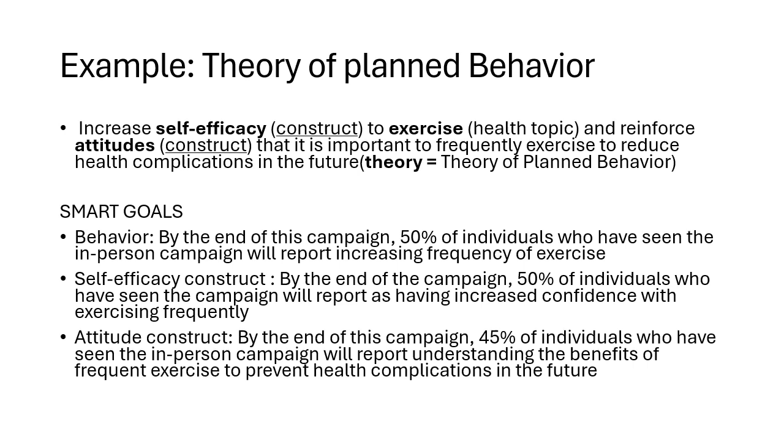So the behavior SMART goal is actually measuring how many of the individuals that have seen the campaign report increasing their frequency of exercise. That is their behavior. The self-efficacy construct is measuring the amount of people who've seen the campaign that report as having increased confidence with exercising. And then the attitude is the reporting of understanding the benefits of frequent exercise.